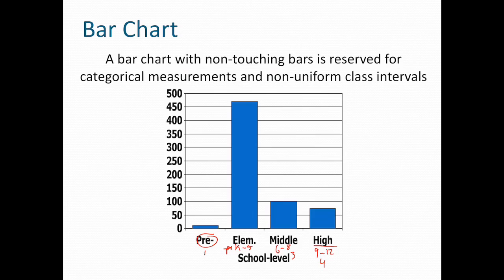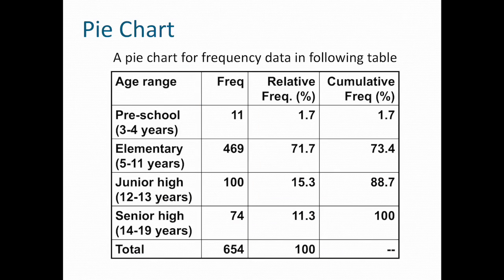So you can see these are non-uniform class levels. They're not equally measured in distance, unlike in high school or college when you have freshman, sophomore, junior, senior. All those intervals are evenly spaced between each other.